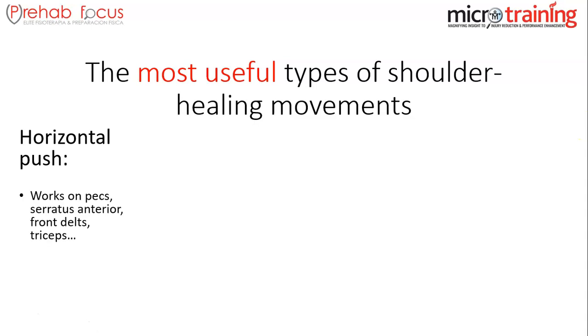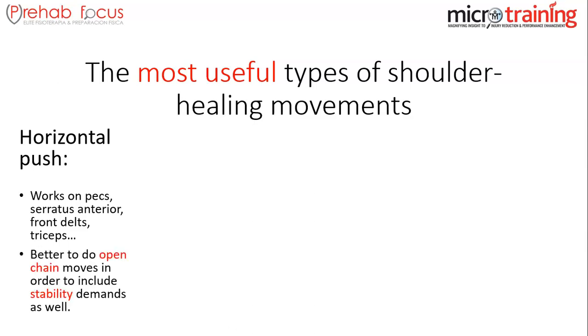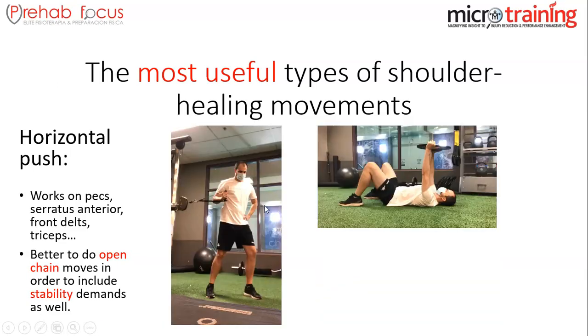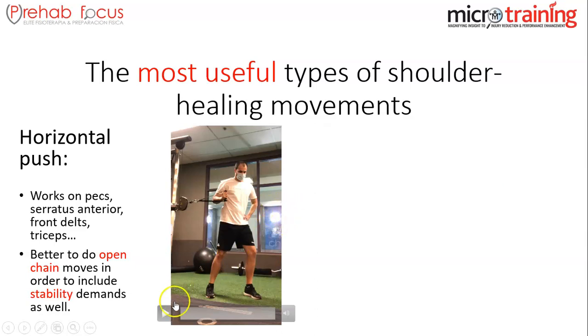Horizontal push works on pectoralis muscle, serratus anterior, front delts, triceps, etc. It's better to do open chain moves in order to include stability demands. Okay, over here the first exercise I will show is a typical horizontal press, a single arm cable press exercise.